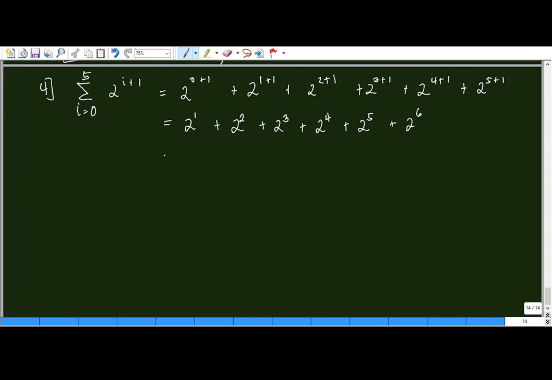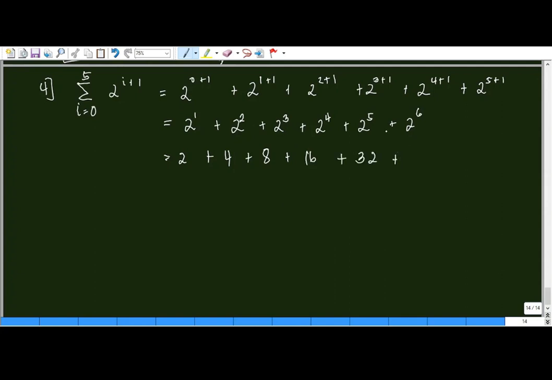So, if we try to expand this, that is 2 raised to 1 is 2, plus 2 raised to 2 is 4, 2 raised to 3 is 8, 2 raised to 4 is 16, and this is 32.